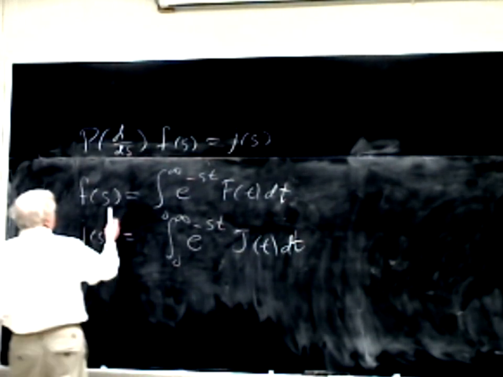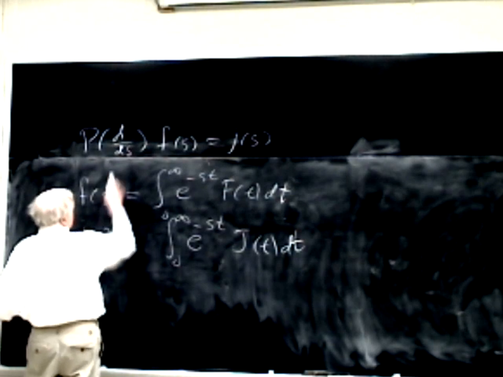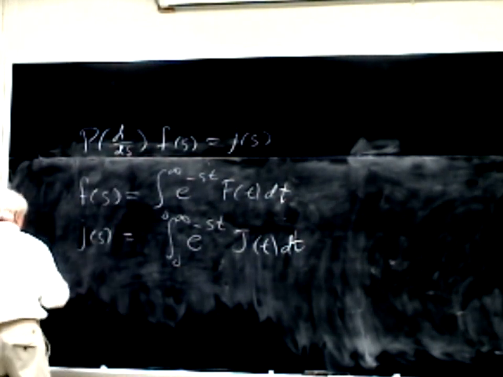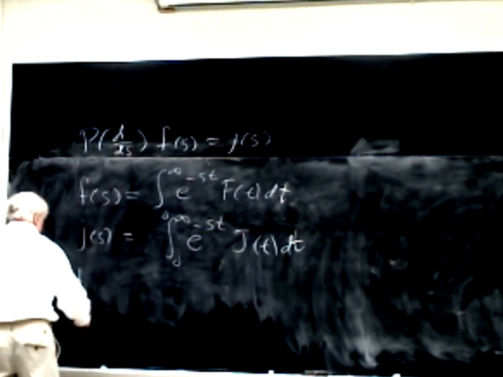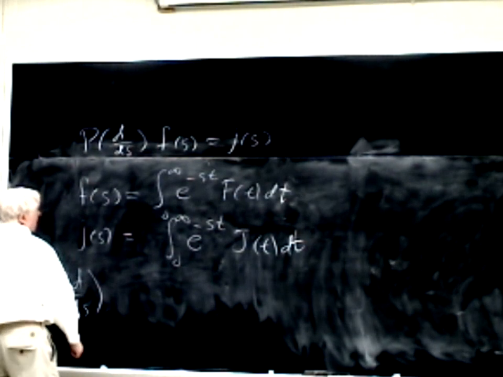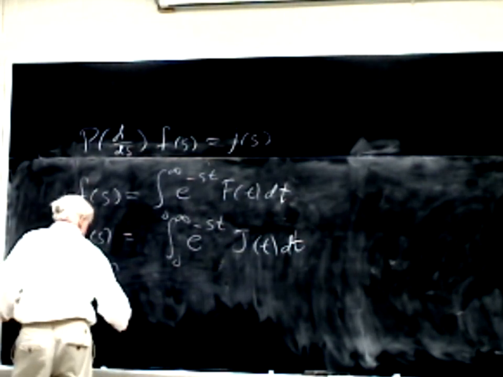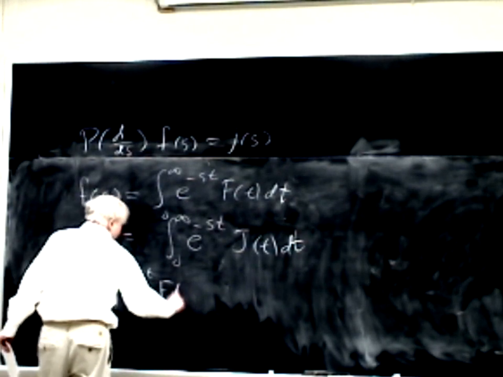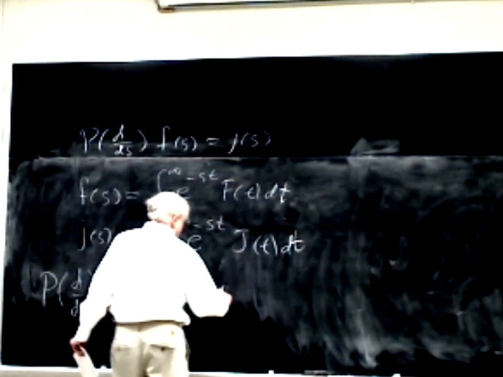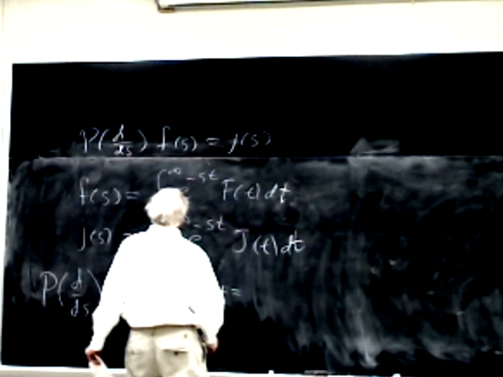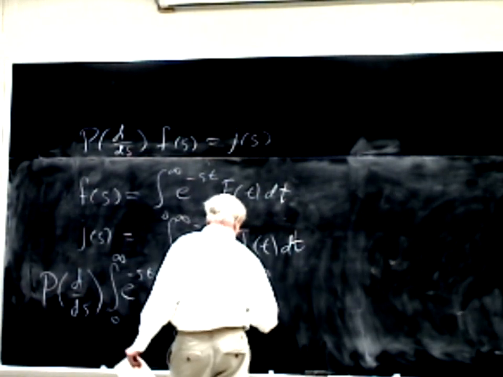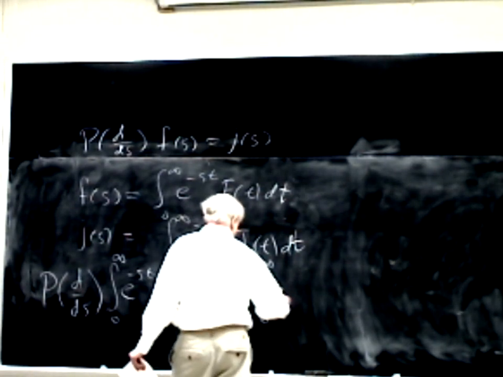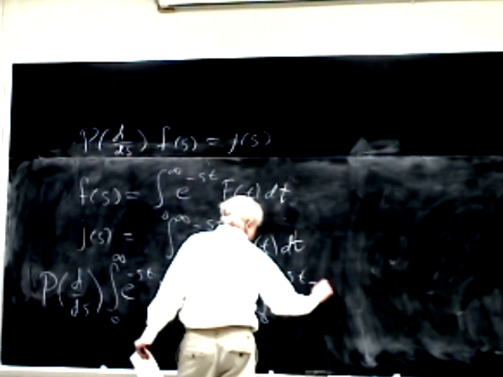Now we can use these two Laplace transforms to write this equation in the form p of d by ds on the integral from 0 to infinity of e to the minus st f of t dt is equal to j of s, which is the integral from 0 to infinity of e to the minus st j of t dt.